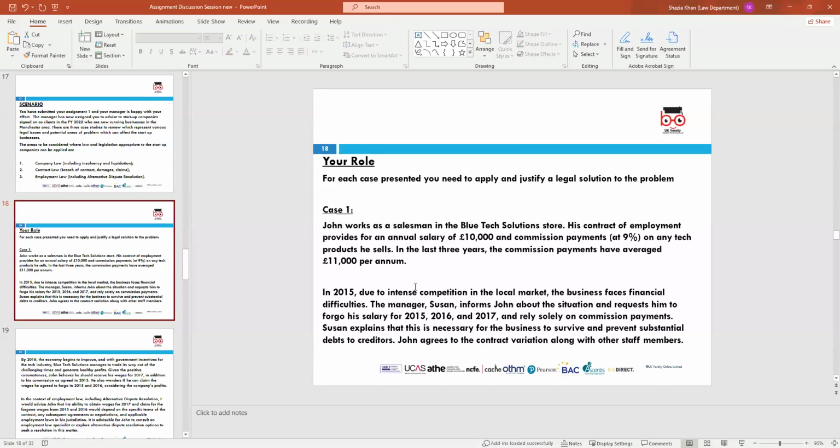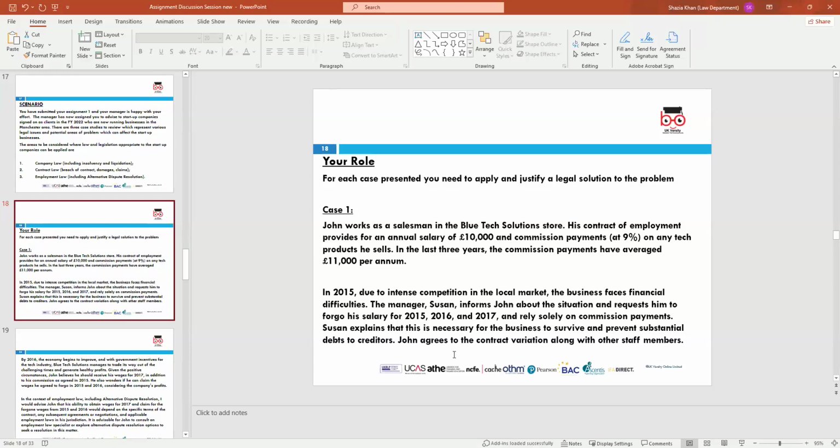The first one: John works as a salesman in Blue Tech Solution store. His contract of employment provides for an annual salary of 10,000 and commission payments at 9% on any tech products he sells. In the last 3 years, the commission payments have averaged 11,000 per annum. In 2015, due to intense competition in the local market, the business faces financial difficulty.